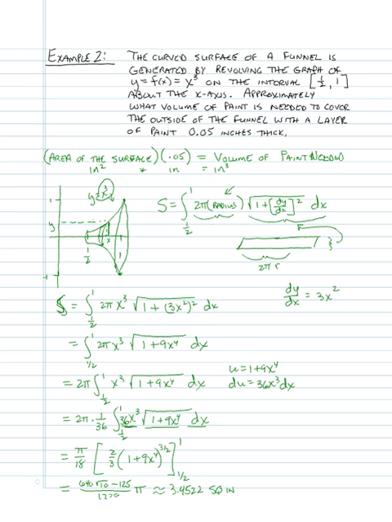Now, of course, remember, the volume of paint needed will be this amount, 3.4522 square inches, times a depth of, okay, a layer of paint that is 0.05 inches.